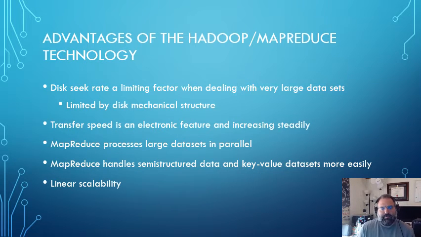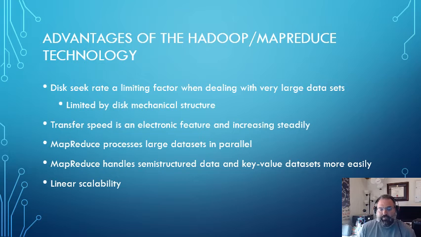So what are the advantages of Hadoop and MapReduce technology? The disk rate is a limiting factor when dealing with very large data sets. So the idea is to spread that out across lots of different disks. Transfer speeds are an electronic feature, and increasingly steady. And then MapReduce processes large data sets in parallel. So this is all about distributing and processing in parallel, including things like writing to the disk.